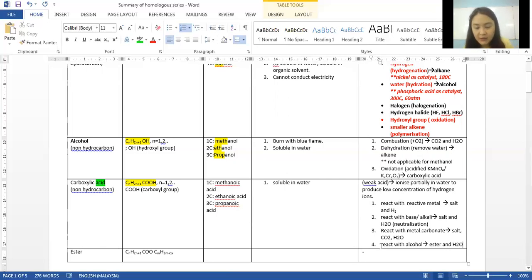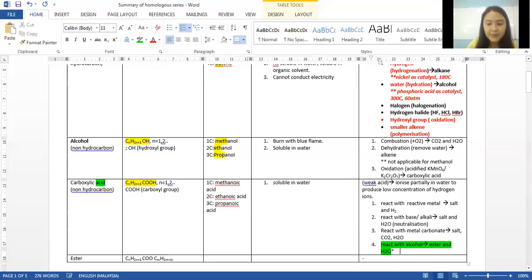Reaction 4 is the one that is specific only for carboxylic acid. Other acids that you have learned, for example hydrochloric acid and sulfuric acid, normally do not react with alcohol to form ester. But the top three are the common reactions of acids.